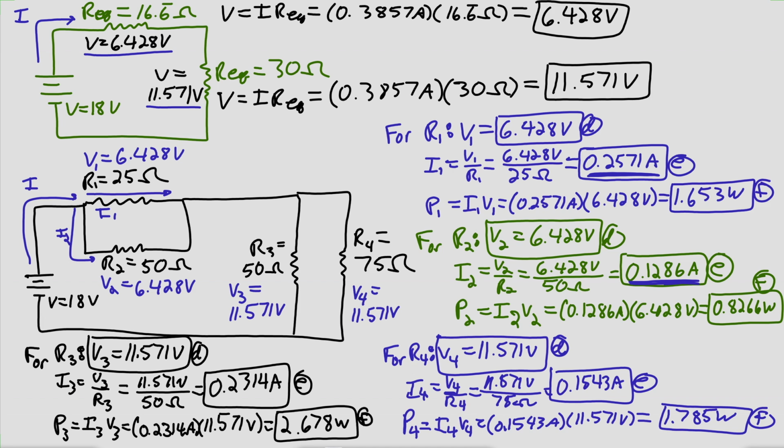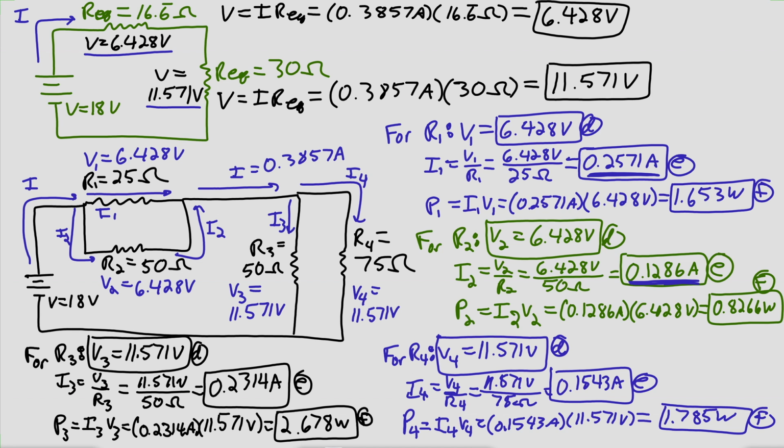And the same thing is going to happen. So these guys go around. I2 comes back up here. And now these guys join together again. So these guys are now equal to I again. So these were equal to 0.3857. And then what happens is it splits here into I3 and I4. So again, we know that I3 plus I4 has to equal that original number, whose units are neglected.